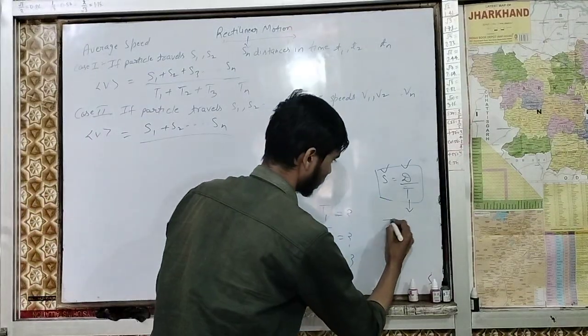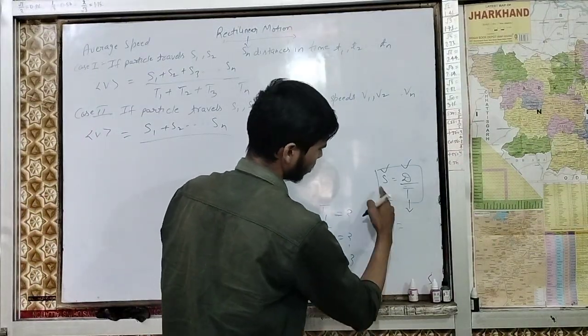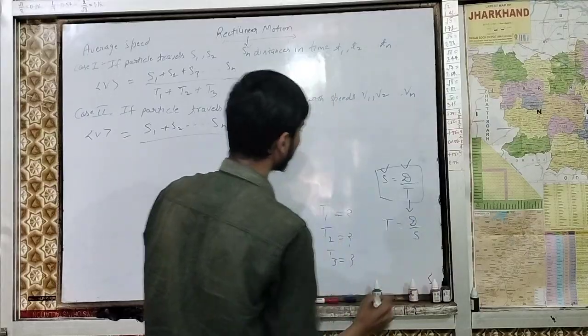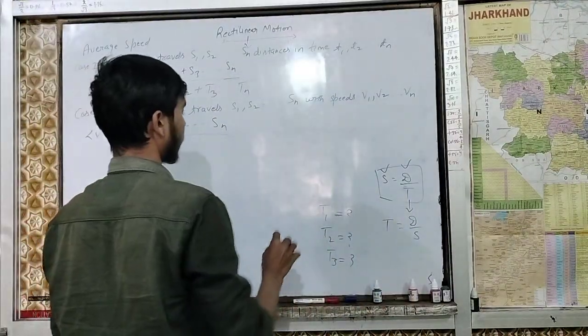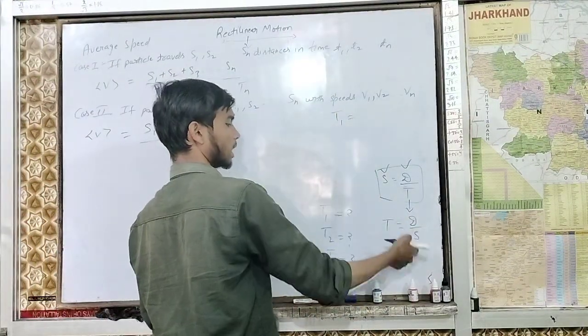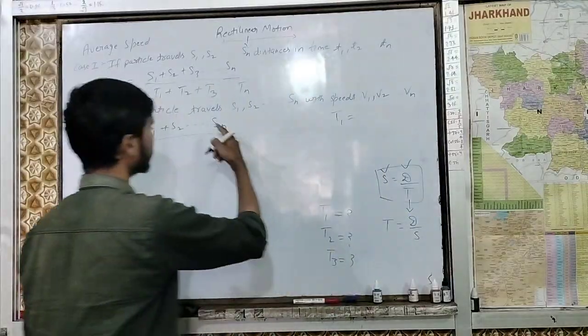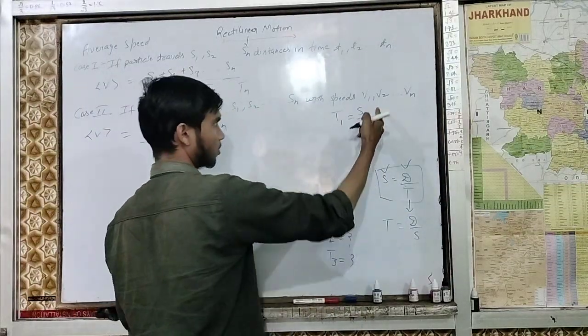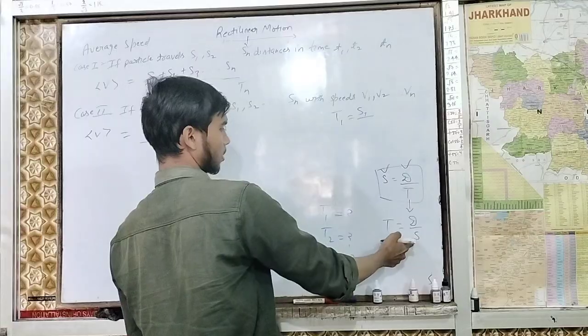You know, from this part T will be equal to S upon V. Am I correct? So for T1, S is S1 and V is V1.